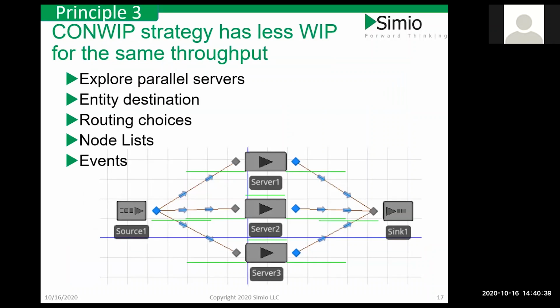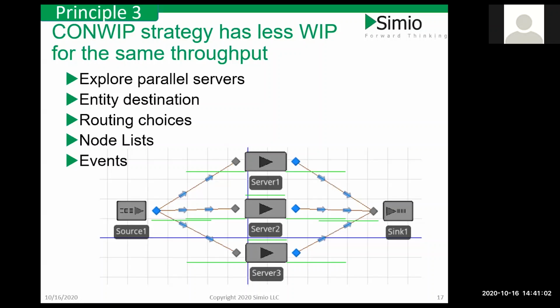Okay, principle 3, constant WIP or con-WIP strategy has less WIP for the same throughput. So there's a couple things here.